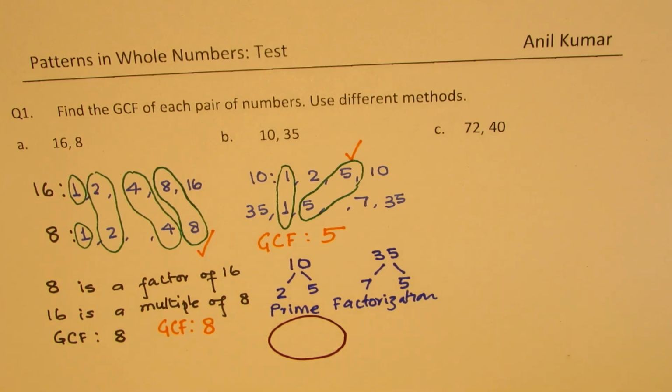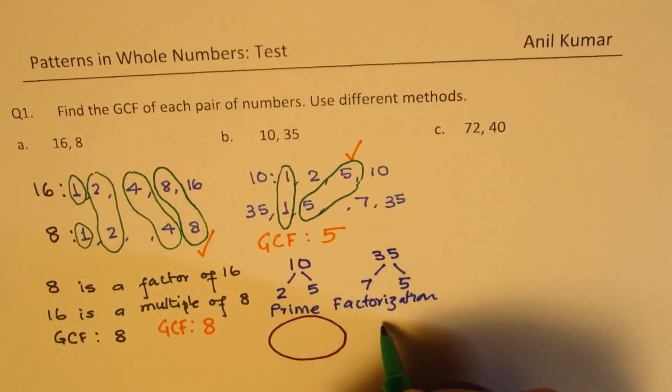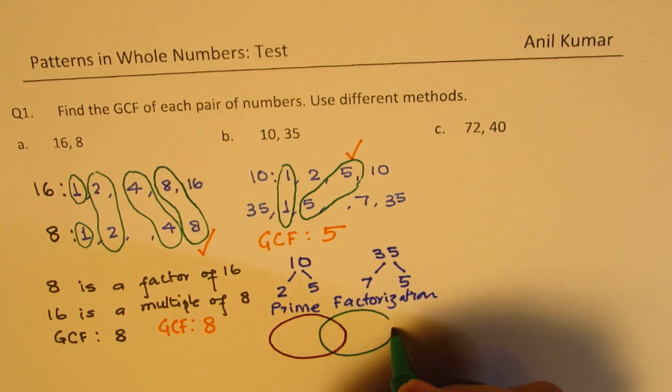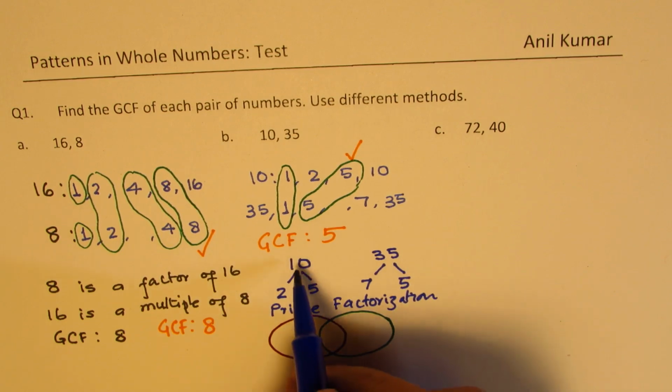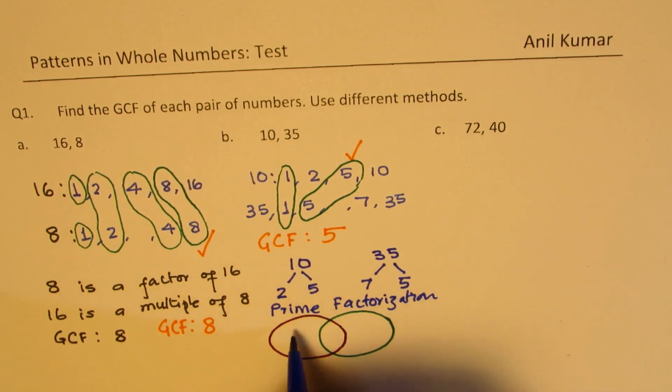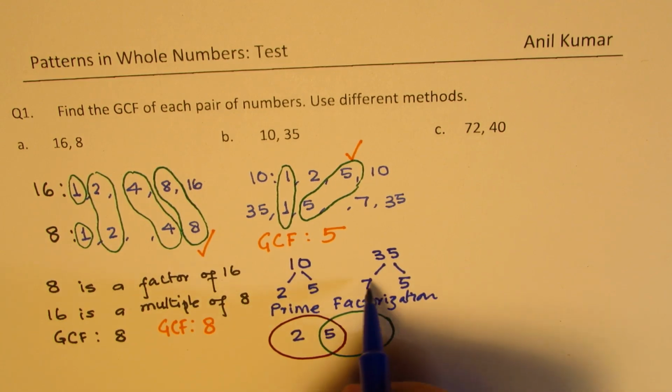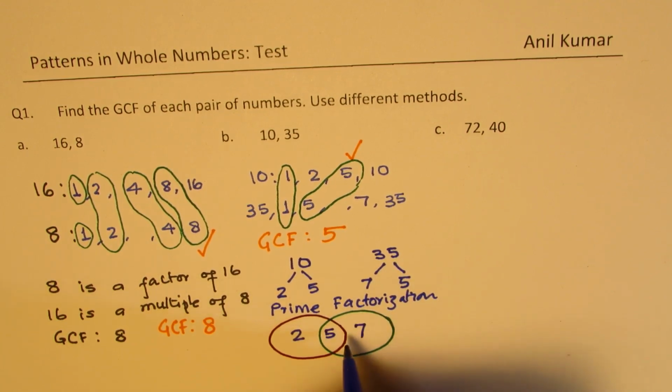So let me draw a Venn diagram with 2 circles. So here we will write factors for 10, 5 being common. So 2 and 5, with 5 common, correct? And that is for 35, 7, correct?